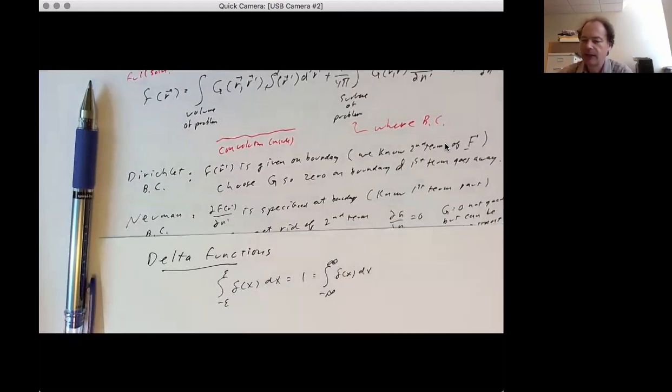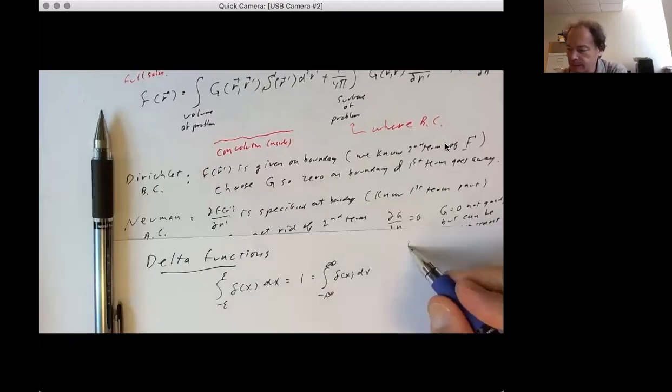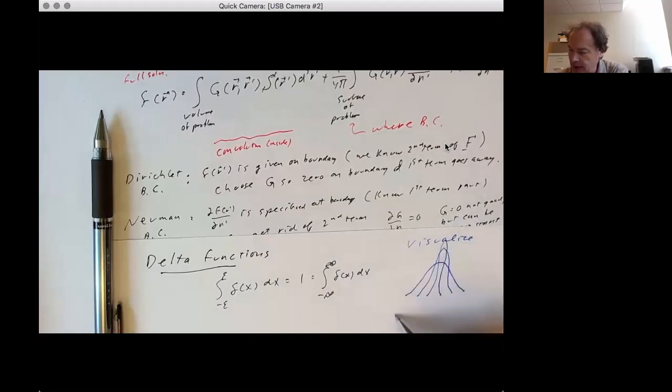If you want to visualize that, you can take a bunch of Gaussians where you start wide and make the Gaussian narrower. And so you can say it's the limit as sigma approaches 0 of normalized Gaussians, and that's going to be delta of x.